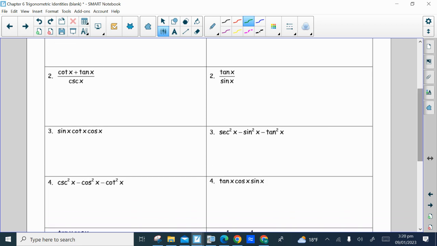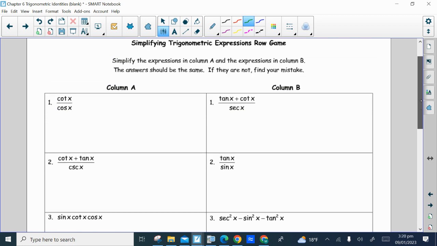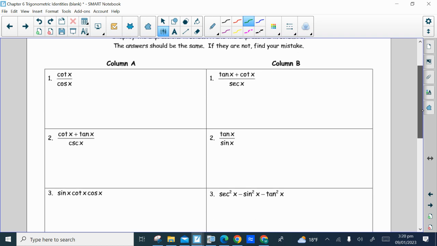The answer you get in column A and column B will be the same when you simplify. Different than the answers you got from number 1, but the 2 answers for number 2 will be the same. So really, that's how you know whether you're doing them right or not. If you get the same thing at the end, then you should be good. If not, find your mistake.